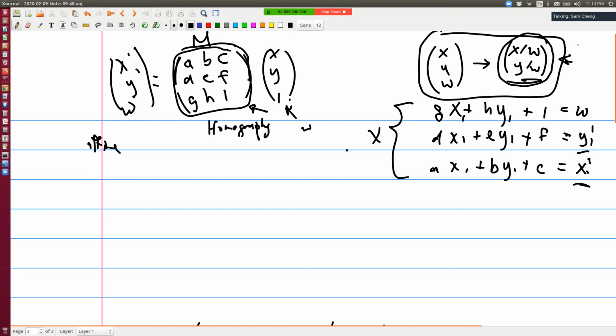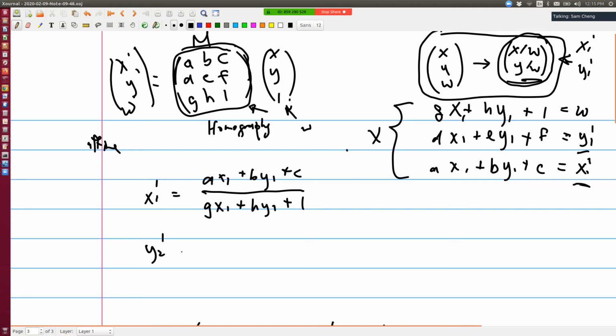So you should think of this as actually x1 pi and y1 pi being equal to x over w and y over w, or whatever. So therefore I really should have x1 pi equal to a x1 plus b y1 plus c over g x1 plus h y1 plus 1, say. Okay.